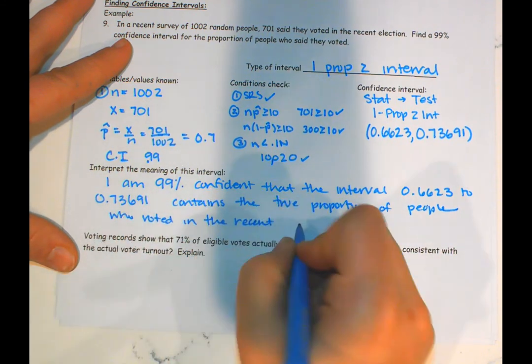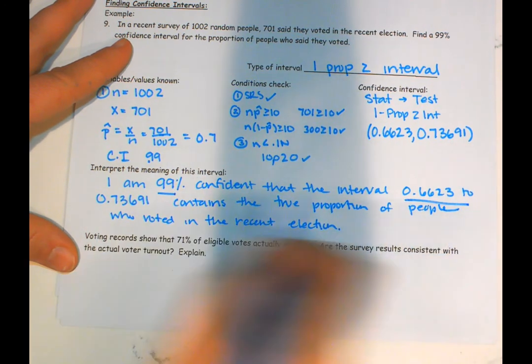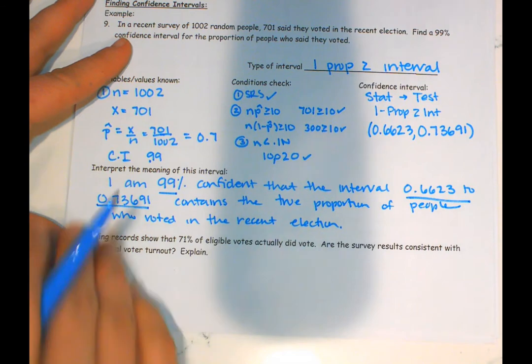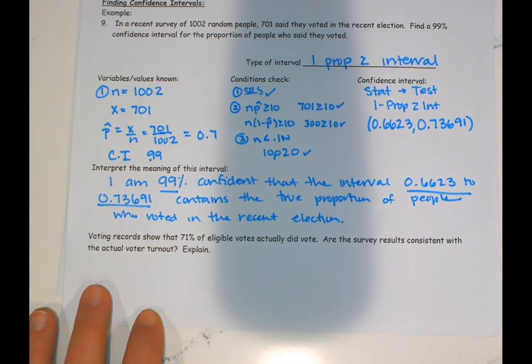Remember, we're always wanting to include whatever interval we found, and then bring it back to how that relates to the problem that we're solving. We always want to make sure our interpretation is in context.